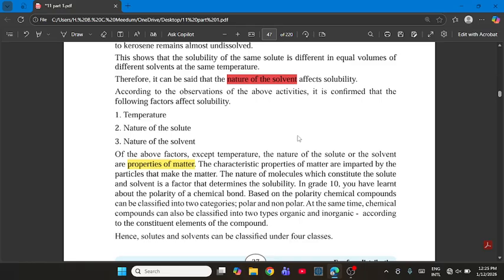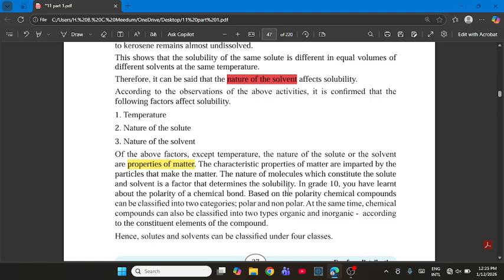The characteristic properties of matter are imparted by the particles that make the matter. The nature of molecules which constitute the solute and solvent is a factor that determines the solubility.